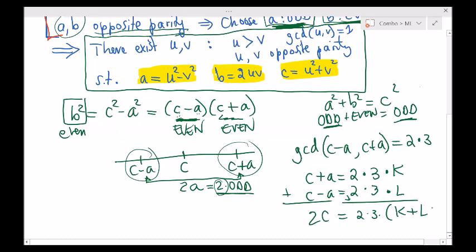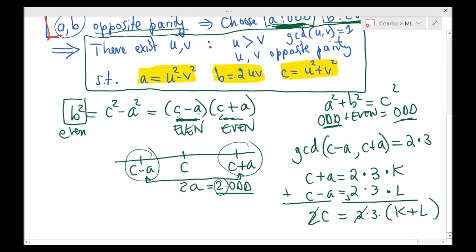So the 2's cancel. Oh, wait. Where did I mess up? This is possible.